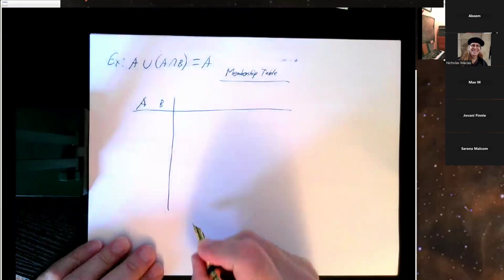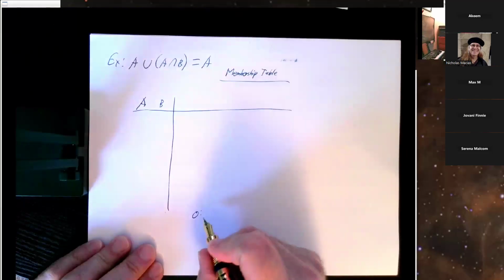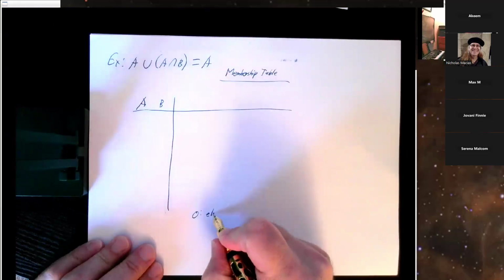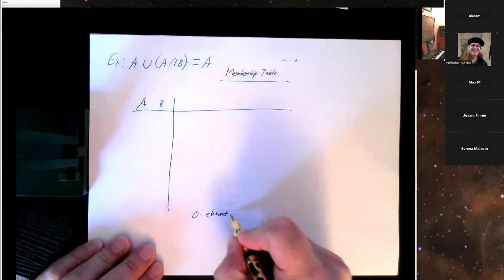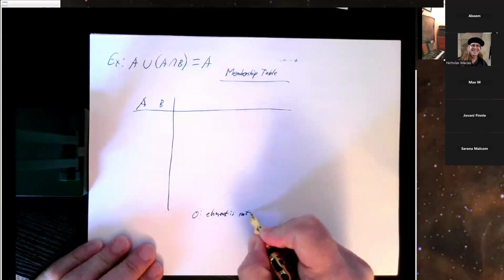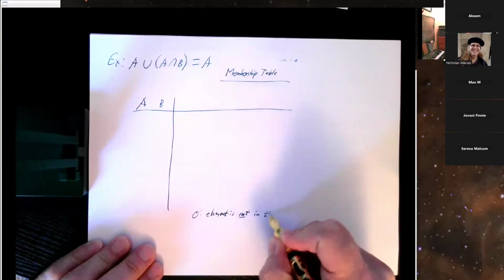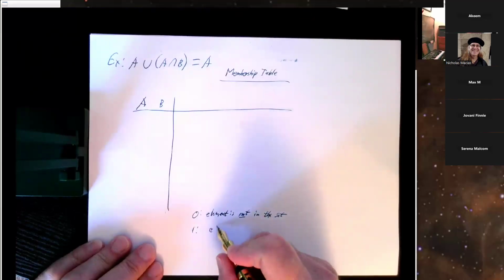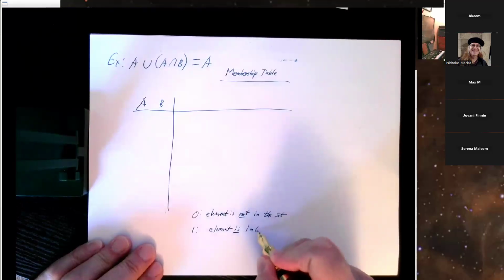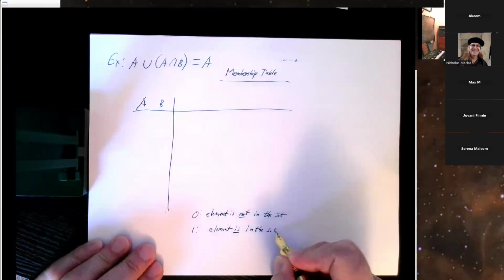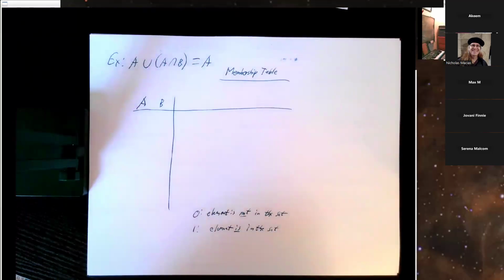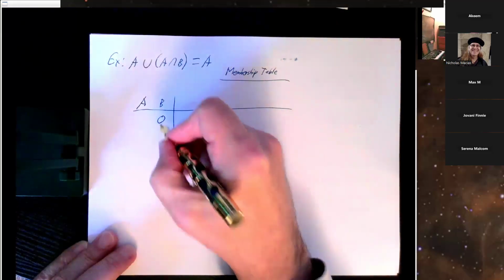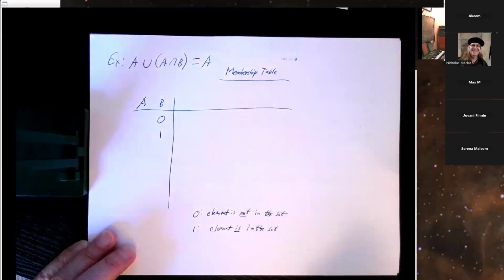And so I'm going to use a 0 to say the element is not in the set. I'm going to use a 1 to say the element is in the set. So if I pick some element, maybe it does not belong to B, or maybe it does.